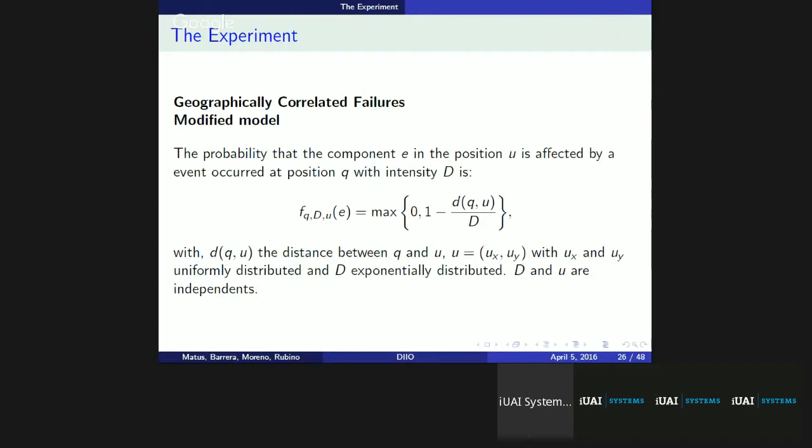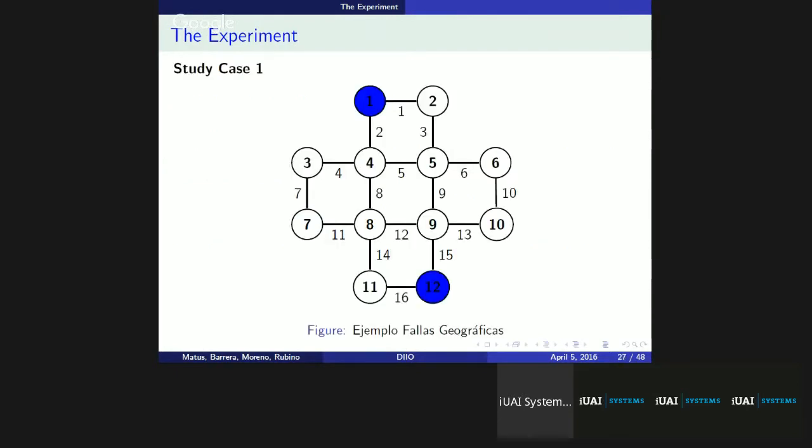In simplest words, the edges farther away from the earthquake have less probability of failing. We consider that network for the experiment, and we study the connectivity between nodes 1 and 12 in this case.